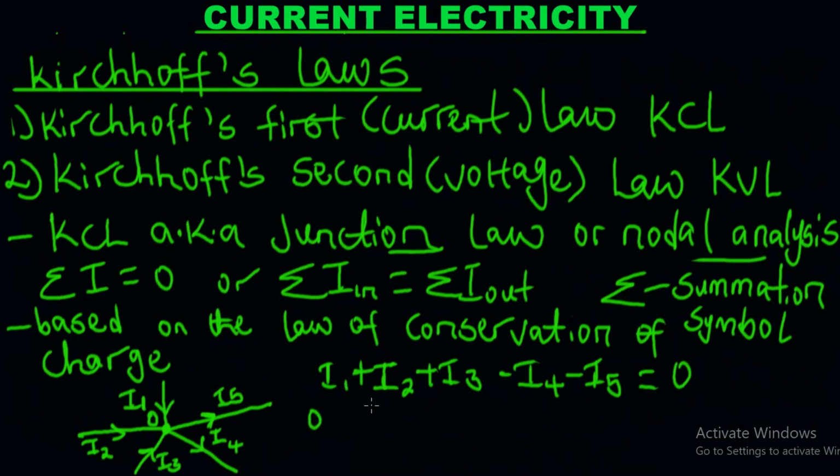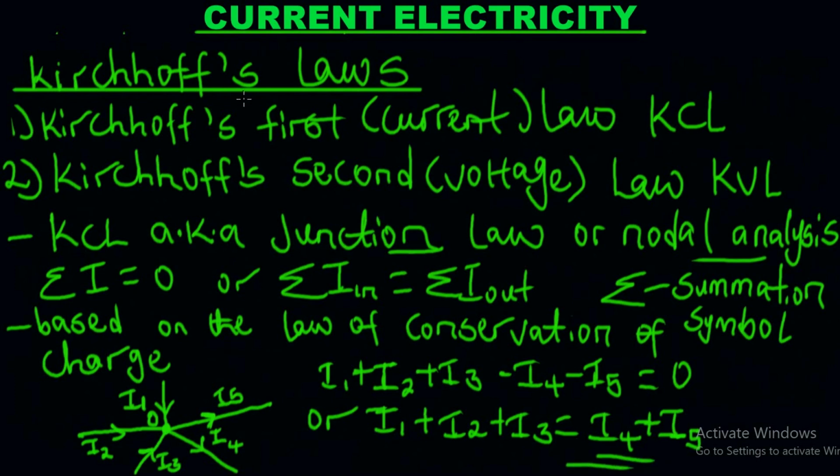We can represent this as I1 plus I2 plus I3 equals I4 plus I5, since I4 and I5 are leaving, so they should be equal to the current entering. So this is the first law of Kirchoff, the Kirchoff current law. Let's move on to the second law now.